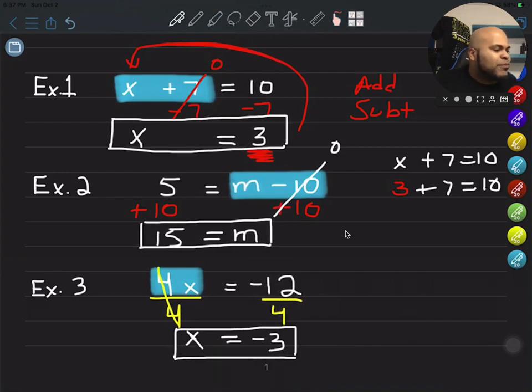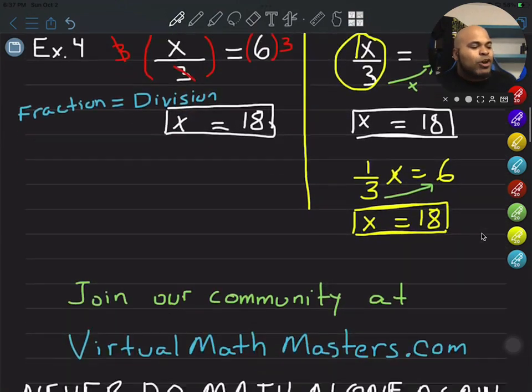And I just simplify on the left-hand side. 3 plus 7 is 10, and that will equal 10 because it gives me a true statement. On the left, I get 10, and on the right, the equation is telling me that the answer is also 10. 10 equals 10, so that's a true statement. If you were to get two different numbers here, then there's a mistake. Your answer is wrong.